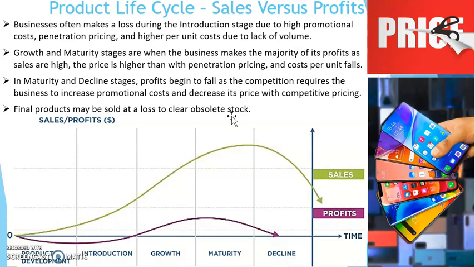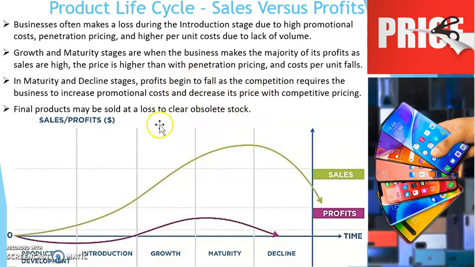We might think about some consumer electronics. When we go to a consumer electronics store and we see potentially a model of a phone or a laptop that's been on the market for several years, and we note how much cheaper it is than when it was originally released to the market.